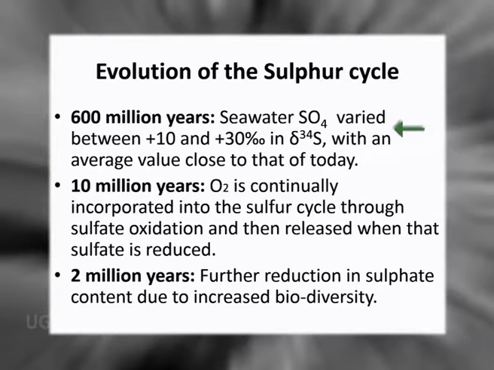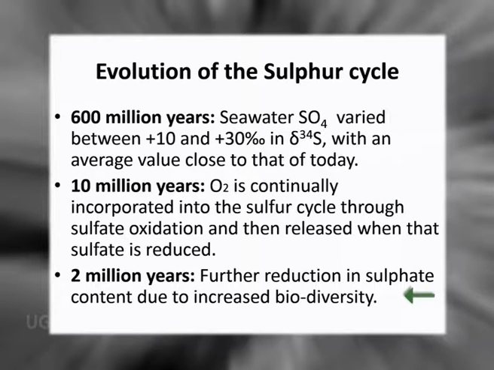And around 600 million years ago, this particular seawater sulfate increased and more or less touched the level which is coinciding with the present day value. Around 10 million years ago, oxygen is getting incorporated, and gradually the oxygen getting into the sulfur will react to produce sulfate. More sulfate, then reduction to produce sulfite. So the reaction increased.